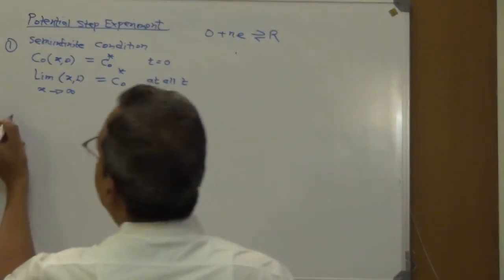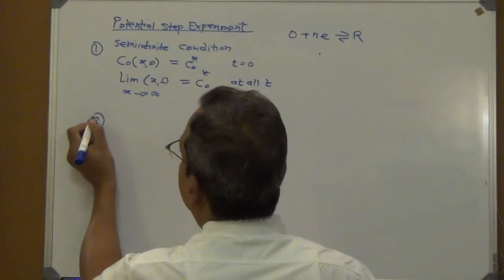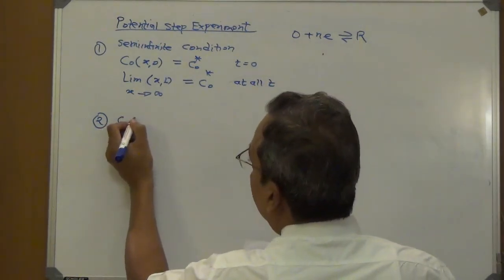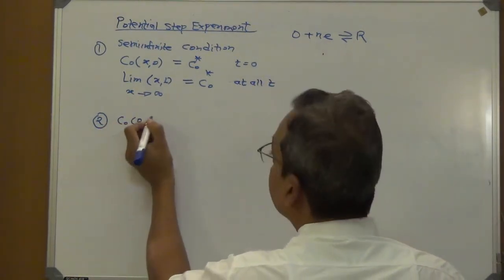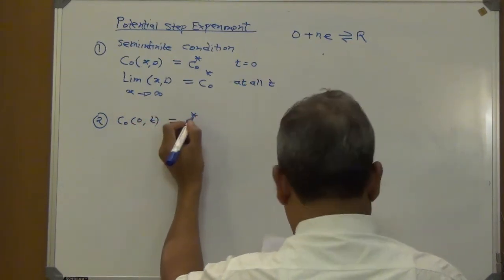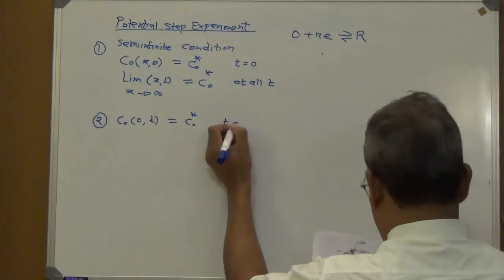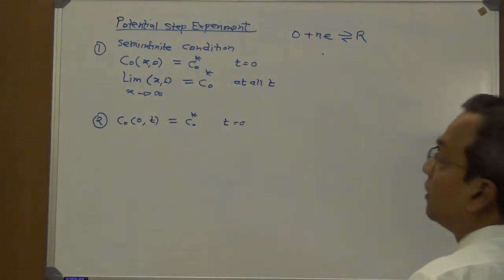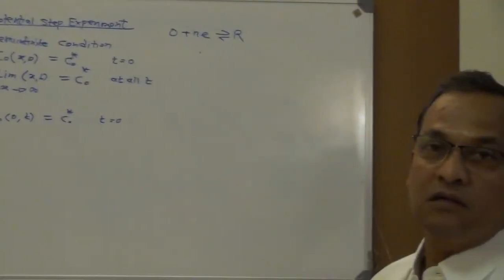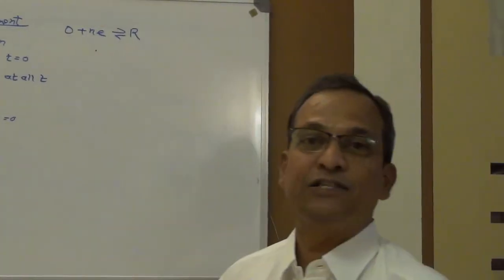One more condition we used to express the potential step. What was the condition? C_O(0,t) is equal to CO star at t equal to 0, obviously. That means the surface concentration of O is equal to the bulk concentration at t equal to 0.